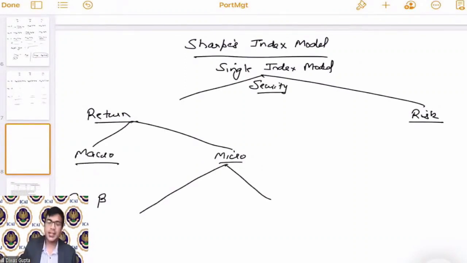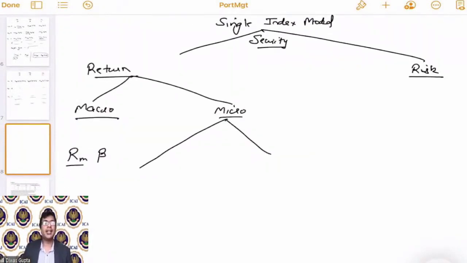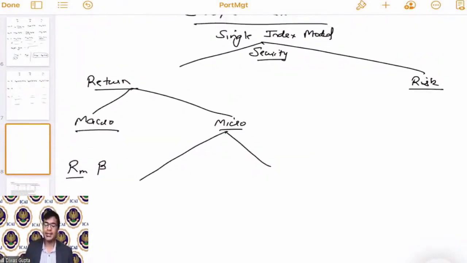This discussion as of now is based on one particular security. What the single index model says is that if tomorrow the market return RM goes to 0, then this entire thing will become 0, but still the investor would expect something, which is called alpha. Alpha is a constant number that will be expected irrespective of the return in the market.